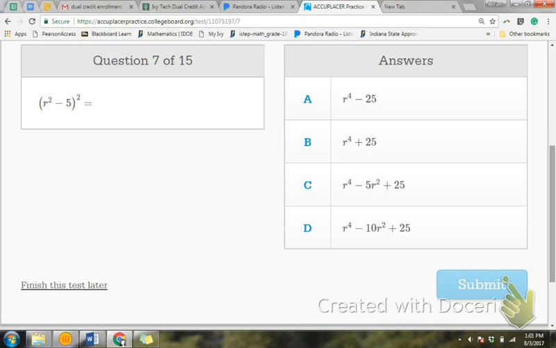r squared minus 5, all squared. You should know how to do this now. r squared minus 5, all squared.